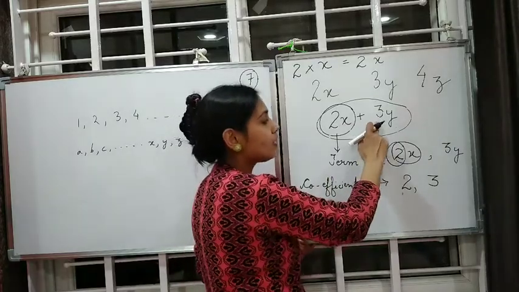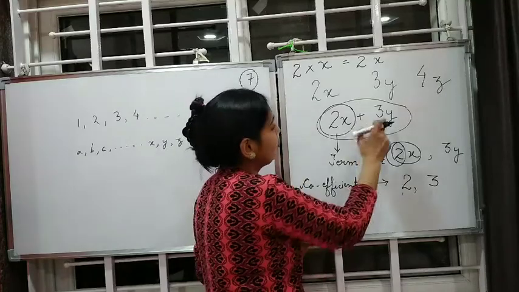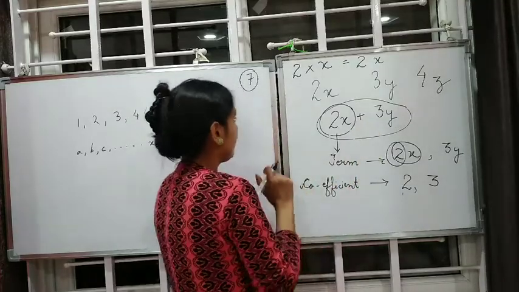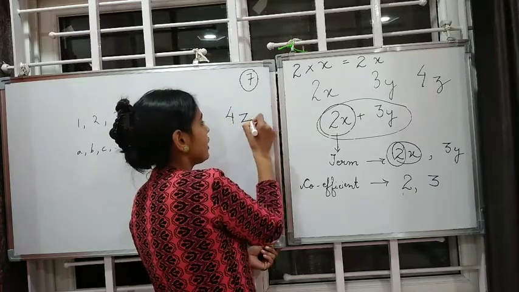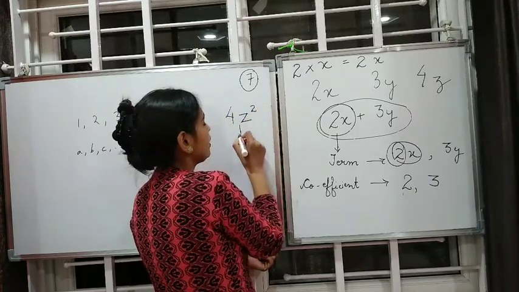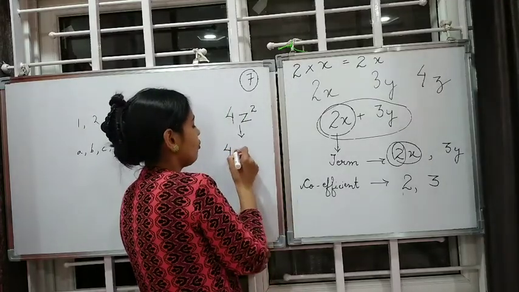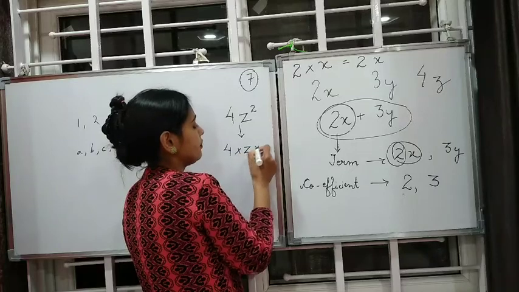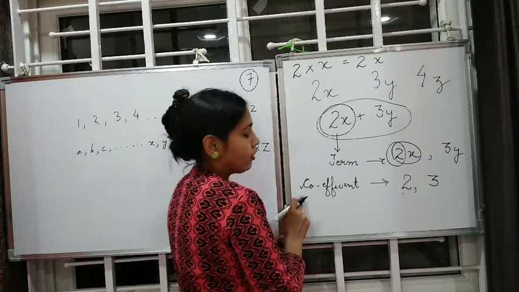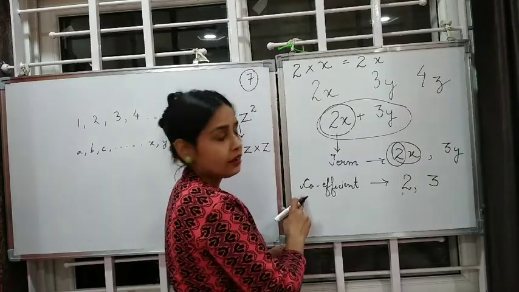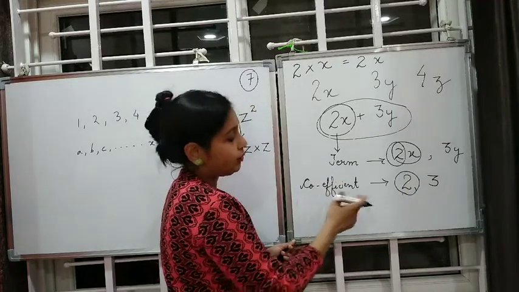And what are the factors of 3y? That is 3 and y. If we take any other example, like 4z square, then what are the factors of 4z square? The factors are 4 into z into z. Now going back to the coefficient, we said that it's the numerical value.